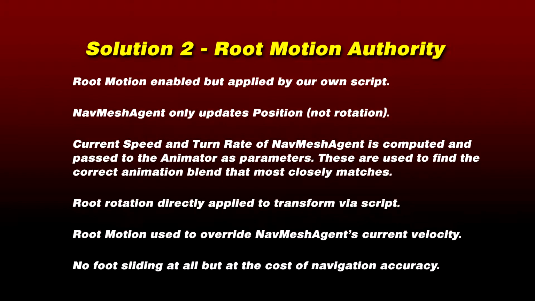In such a scenario, we would instruct the NavMesh agent to no longer update the rotation of our game object, and would instead set the rotation to that dictated by the root rotation data in the animation clip. The NavMesh agent would still update the position of the object, but based on a velocity that we give it from the root motion in the currently playing animation clip.